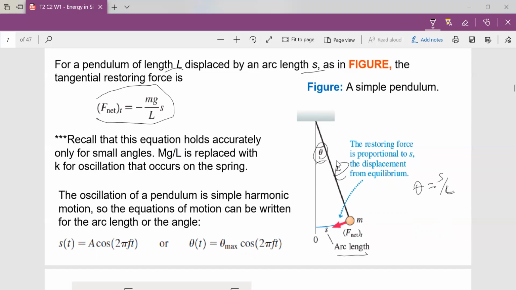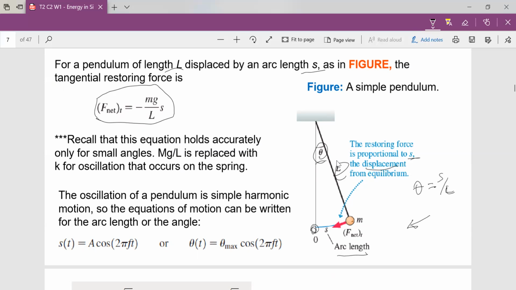The net force acting here will make us see the direction of that motion, because acceleration will be in the direction of the net force. The restoring force, the net force that is pulling it back to the equilibrium position, is proportional to the displacement.